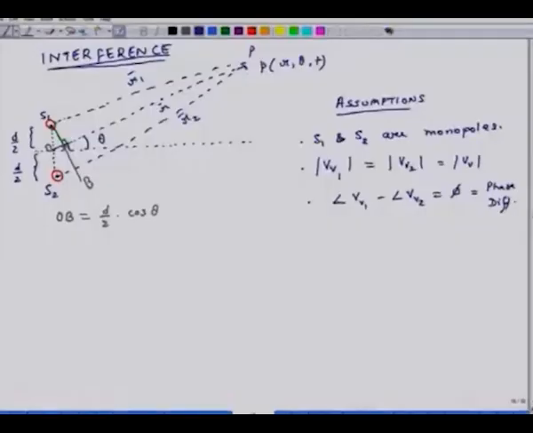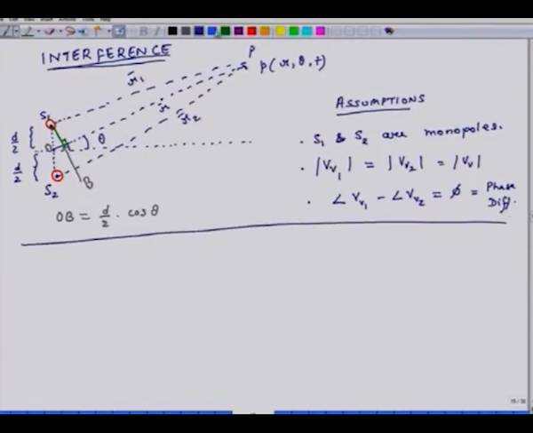I am interested in finding the sound pressure field in this entire area. The strengths of these two monopoles are the same, even though they are off in terms of phase by an angle phi. So, with that statement I now proceed to start solving the problem.